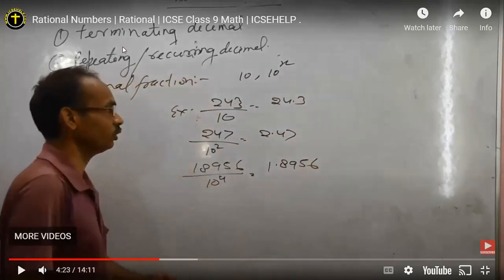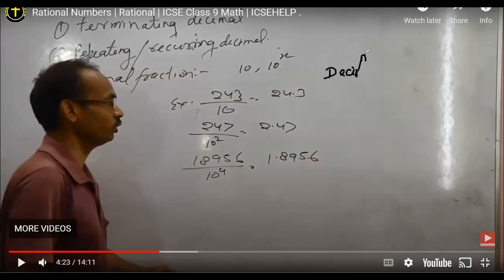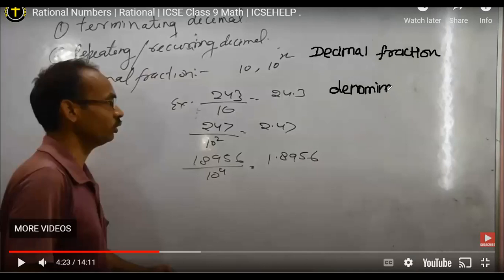I hope you are getting this. Now he is teaching you about the decimal fraction. Decimal fraction means the denominator of your fraction will always be in the form of 10 or 10 to the power x. This x is a natural number.